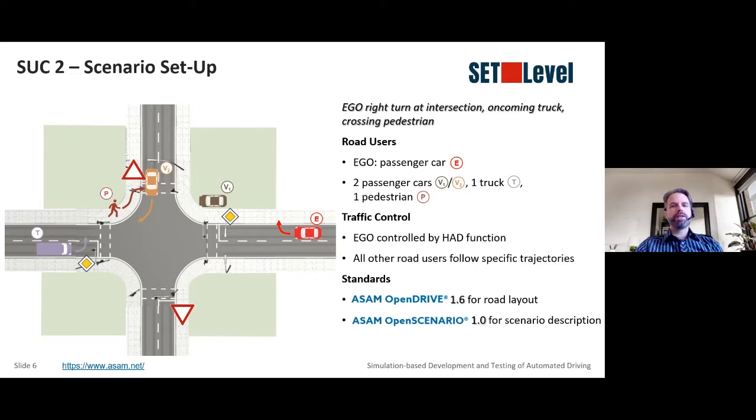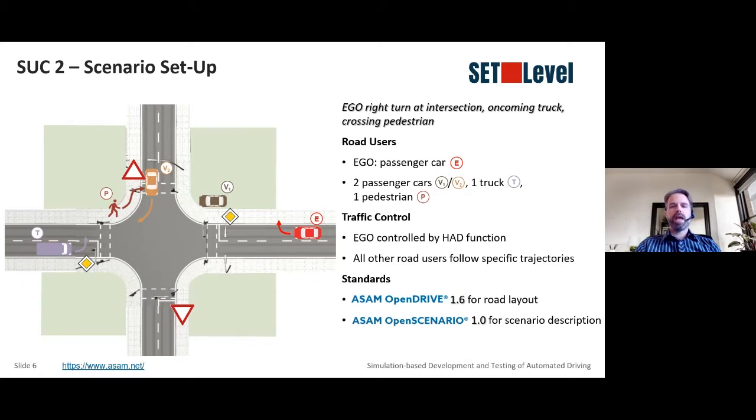Here, you see the scenario setup, which includes 5 road users, 3 passenger cars, a truck, and a pedestrian. The ego vehicle is controlled by the system under test, which is the highly automated driving function. All other traffic participants follow specific trajectories. The truck is going to turn left at the intersection.